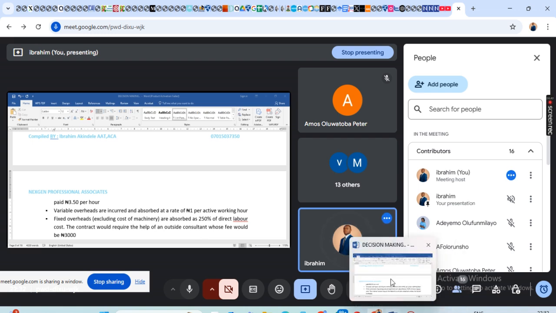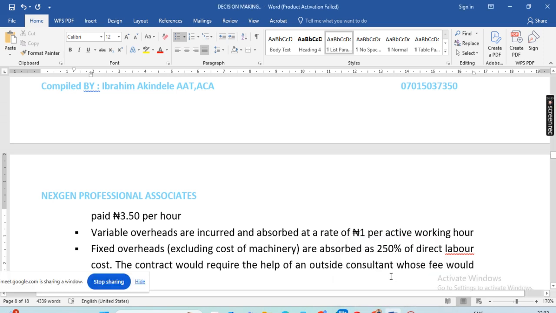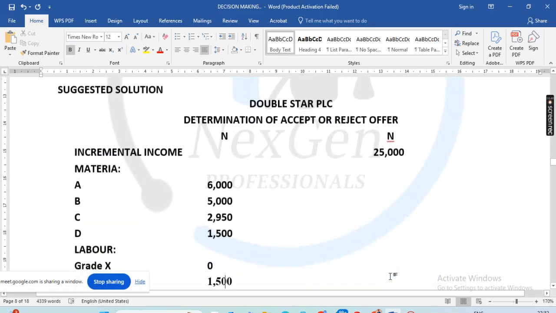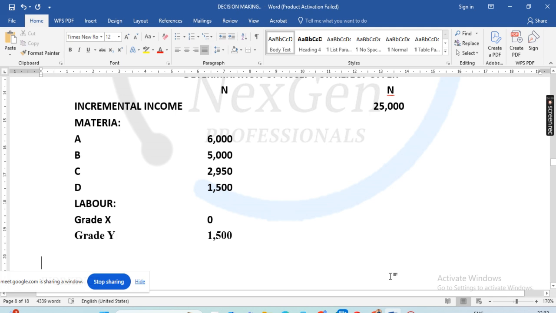So we go there and call it variable overhead.